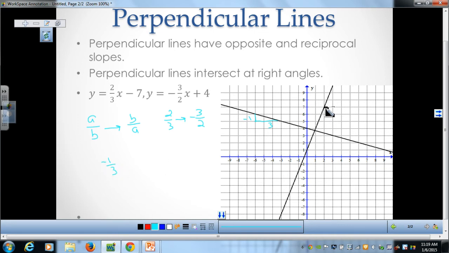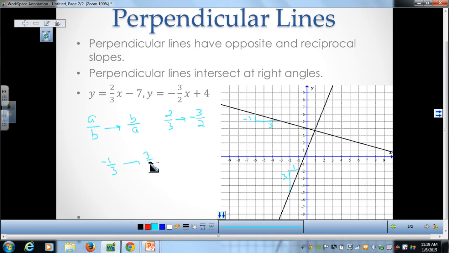Now, if I go over to our second graph here, and I come down here where we can see a little bit more clearly, I go up 3 and over 1. So this line has a slope of 3 over 1. So you can see that the two slopes are definitely opposite. One is positive, one is negative, and they are in fact reciprocals of one another.